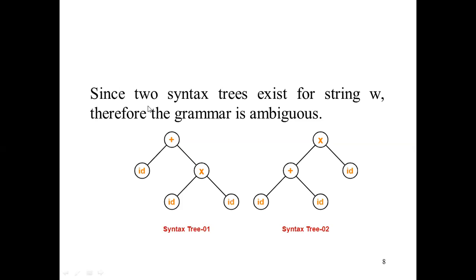So this is the way, this is the operator symbol. Just we are not writing here E, capital E means expression, just we are assigning ID to plus sign. This is the operator symbol ID and again ID.